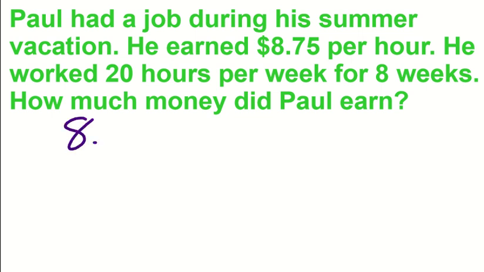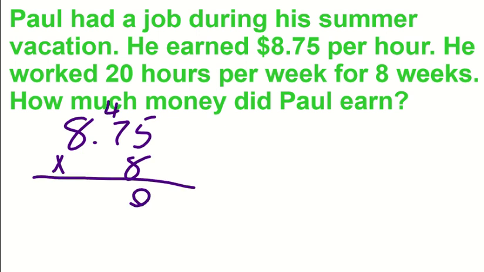I'm just going to do 875 times 8 to start with. Decimal, we got two digits, so I got $69 even. Well, I don't need those zeros anymore, so that eliminated my decimals.